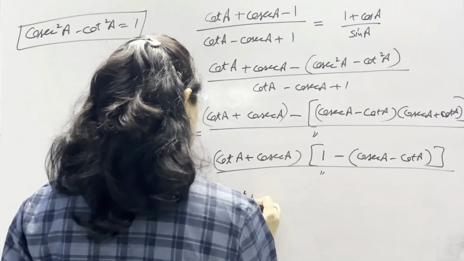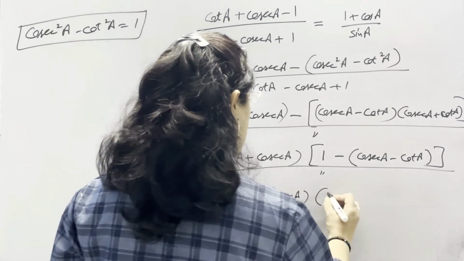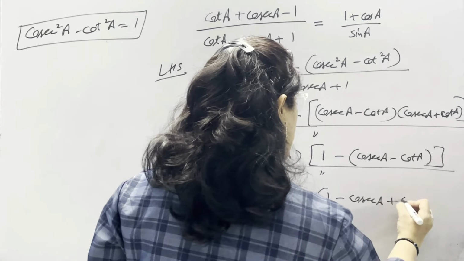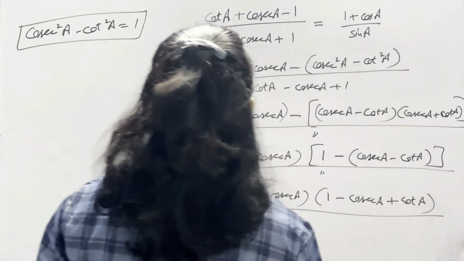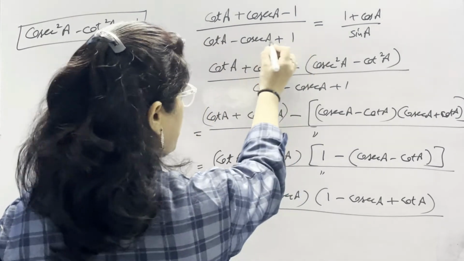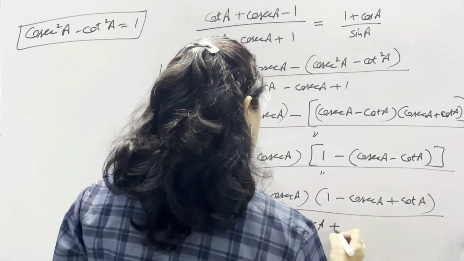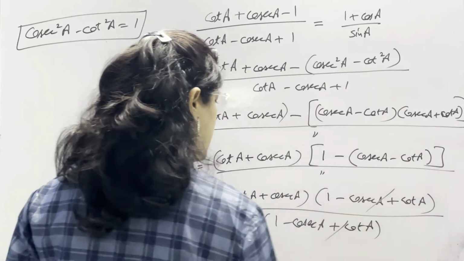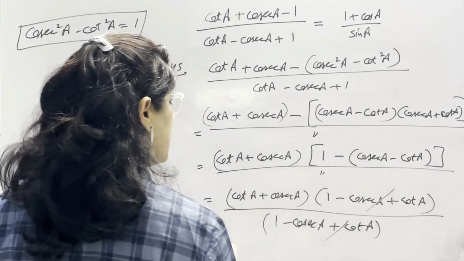Now cot a plus cosec a, then 1 minus cosec a minus minus plus cot a. In the denominator, cot a plus 1 minus cosec a, so we can write it as 1 minus cosec a plus cot a. It means the same bracket in the numerator and denominator, so we can cut them.